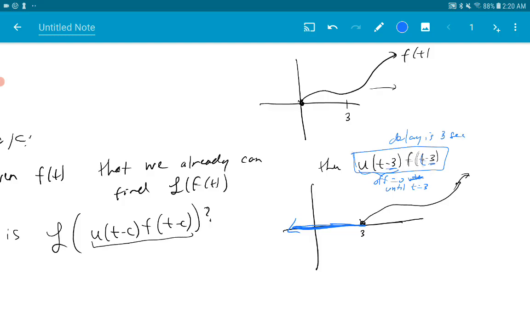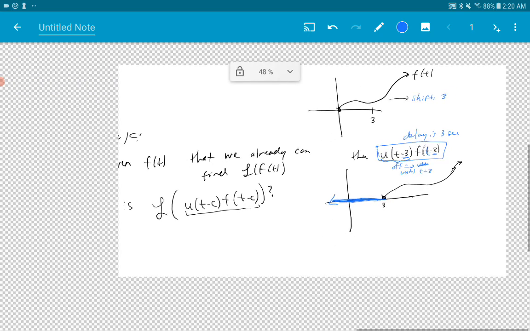The t minus 3 causes this function to shift to the right 3, and the u of t minus 3 causes everything before it to equal 0. If we didn't have that, it might just be whatever f happened to do to the left of 3, but we don't want that. We want it to be 0 there.